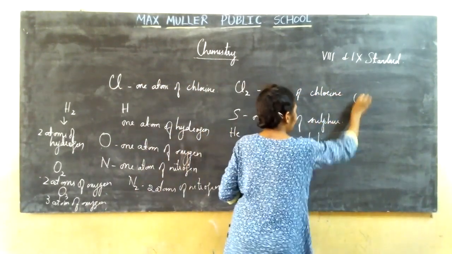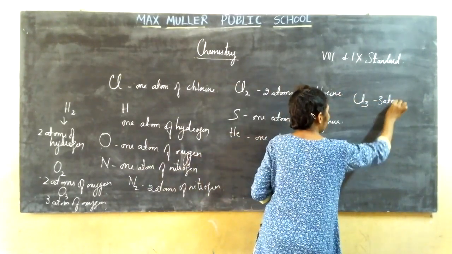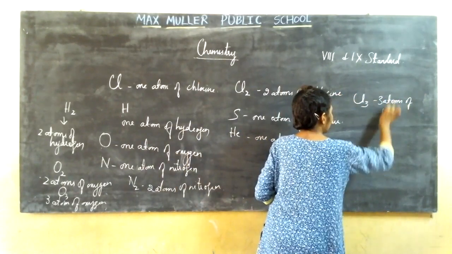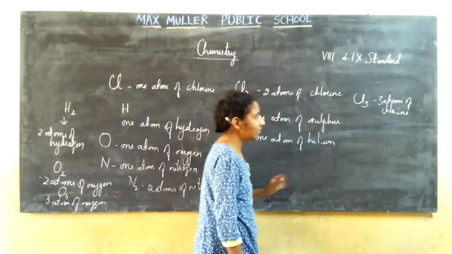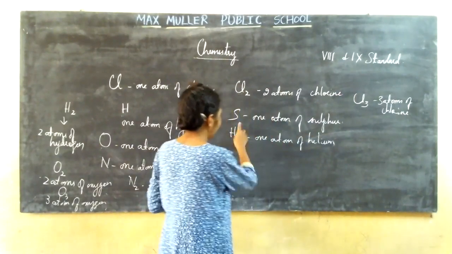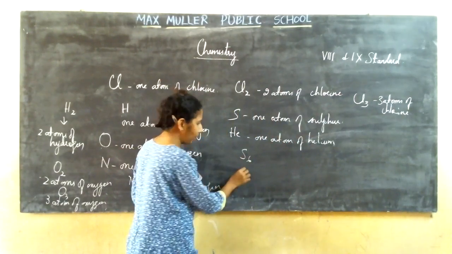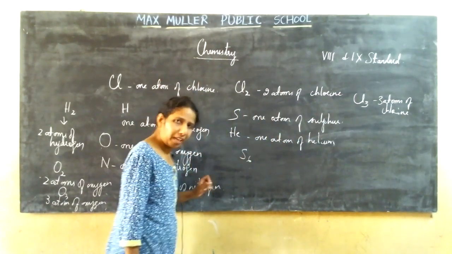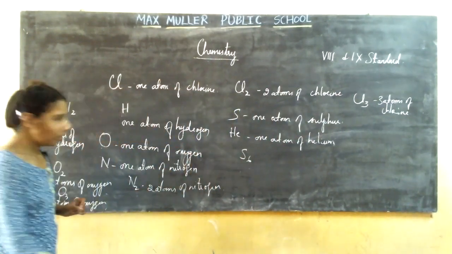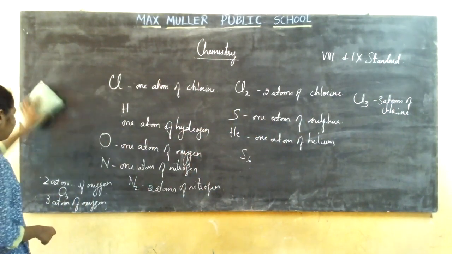If I write Cl3, it represents 3 atoms of chlorine. Did you people understand this? Okay, if I write S6, it represents 6 atoms of sulfur. Did you people understand this? Now we come to the next part.